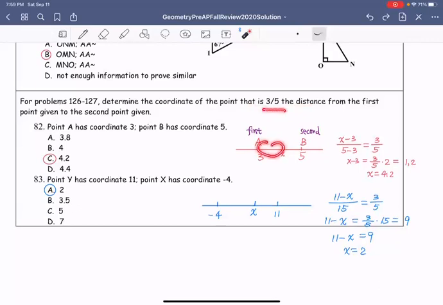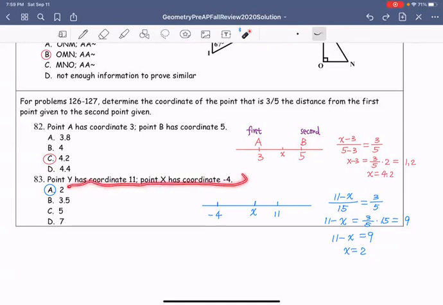And the whole thing is going to be 5/3. So x minus 3 divided by 5 minus 3 equals to 3/5. Does this make sense? Okay. And then we can say this is 2, so we times 2, and then we can find the x coordinates. Okay? Next one, Ellen.